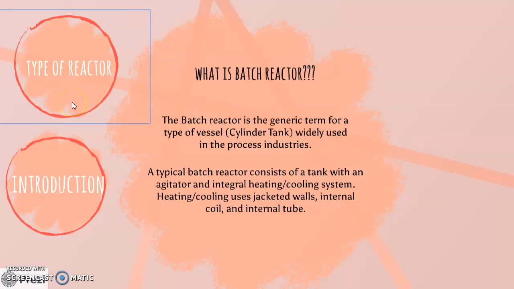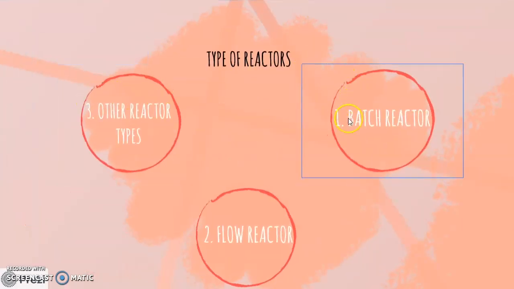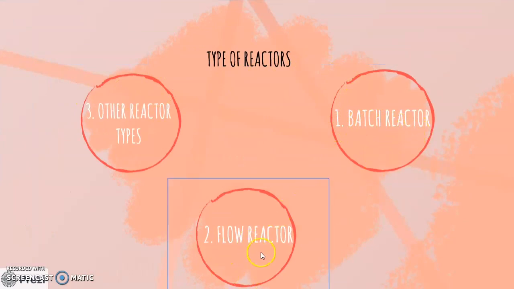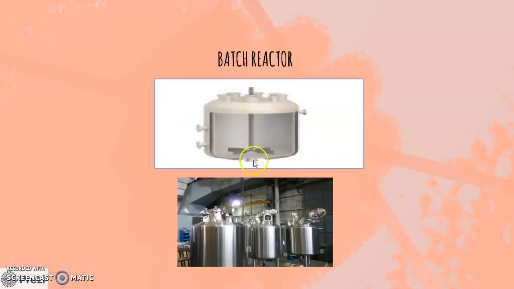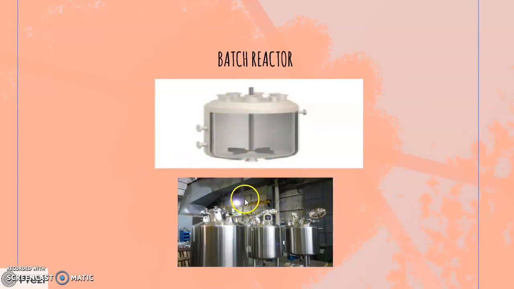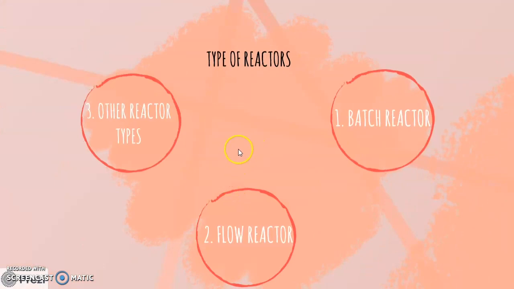Alright, so we go to the types of reactors. We have batch reactor, flow reactor, and other reactor types. So this is the picture of batch reactor in a way of animation and industry. Besides that, we also have flow reactor.